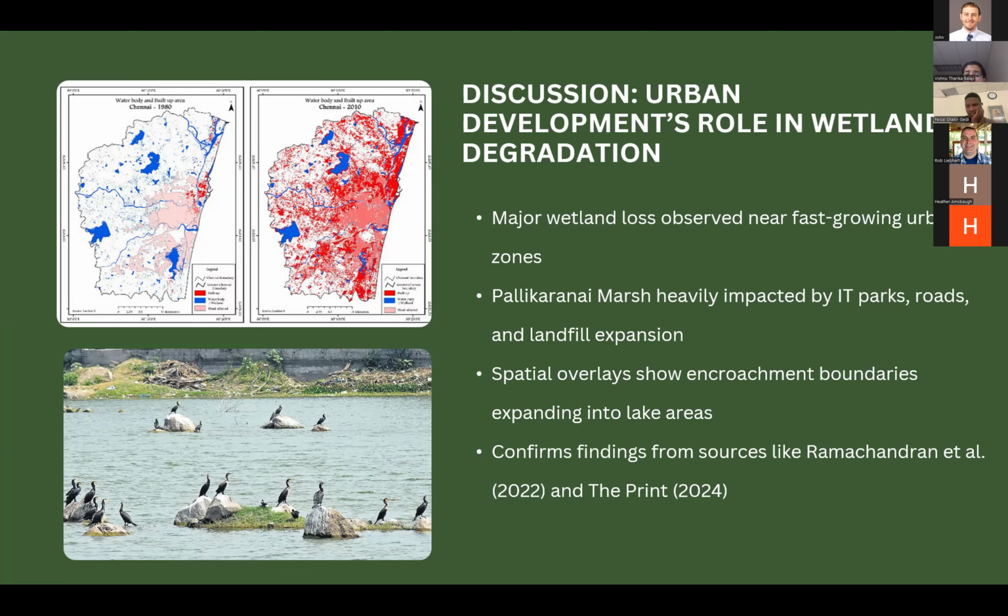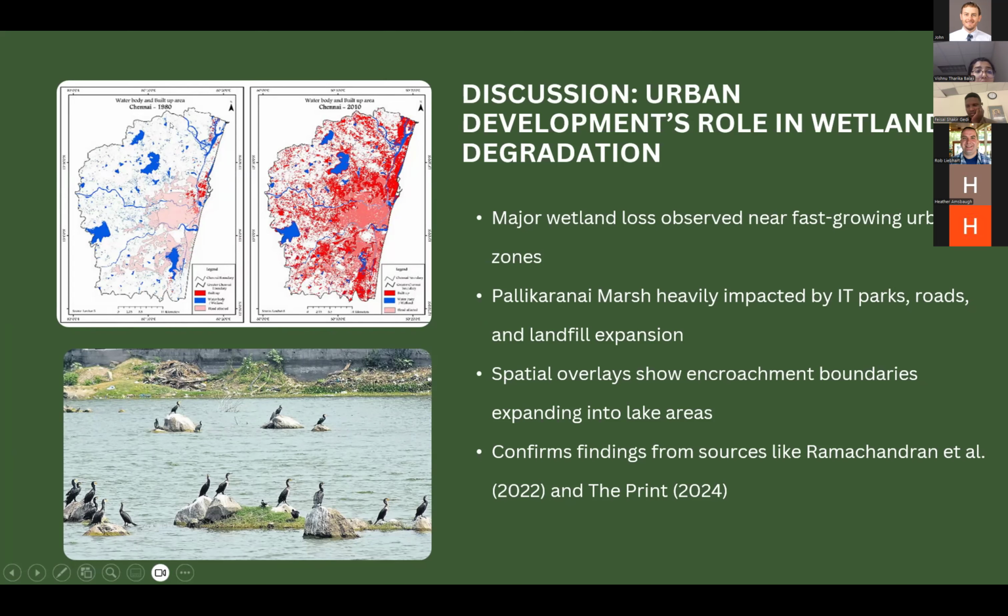These commercial areas are slowly eating up the boundaries of these wetlands, and this is what caused these kinds of disastrous situations. Over here, I have another map of Chennai. This is from the year 1980, and this is from the year 2010. The red region represents the built-up area.